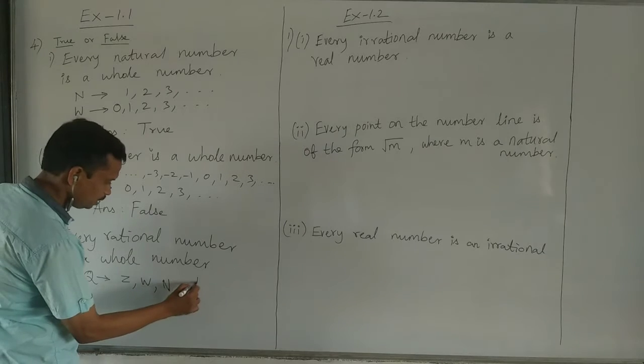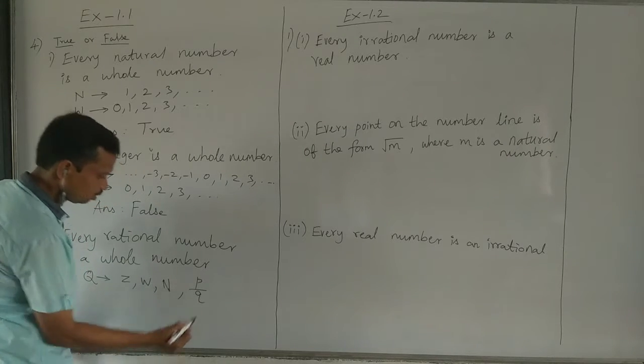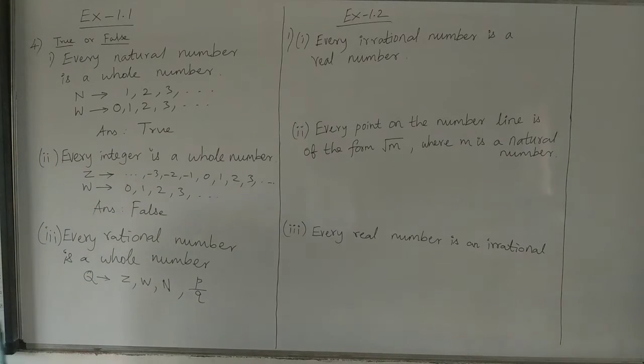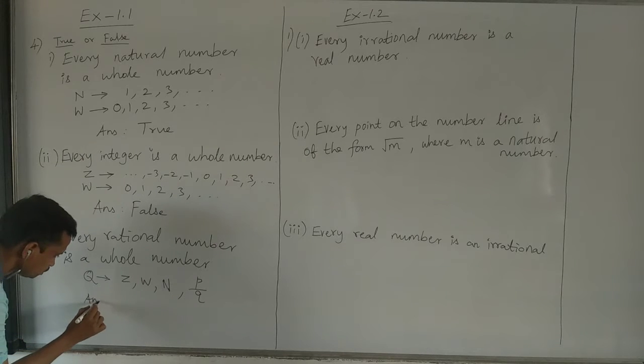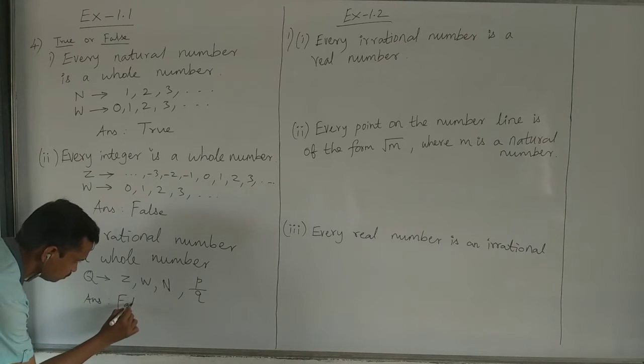So of the form P by Q also, integer by integer, that's also rational number. But in whole number only the W, that is already I have written. See here 0, 1, 2, 3, etc. That is only whole number. So every rational is a whole number is wrong. Okay. So answer is false.